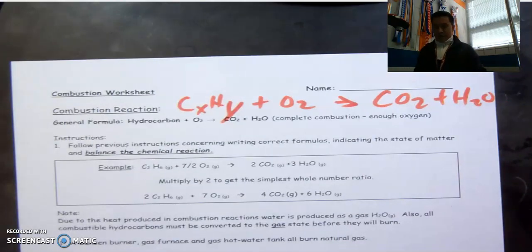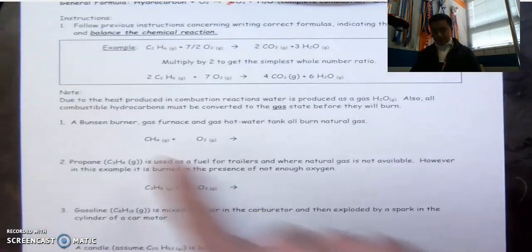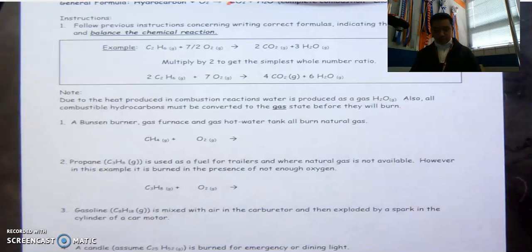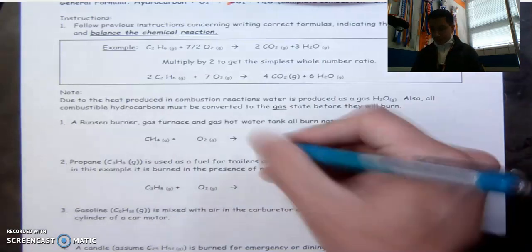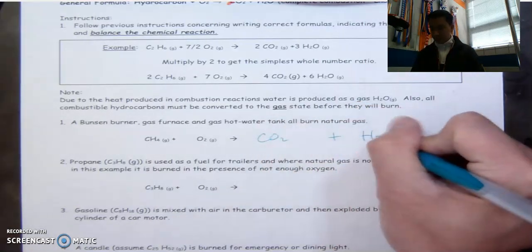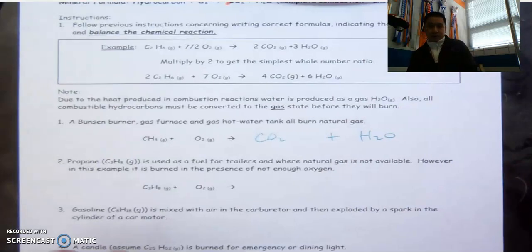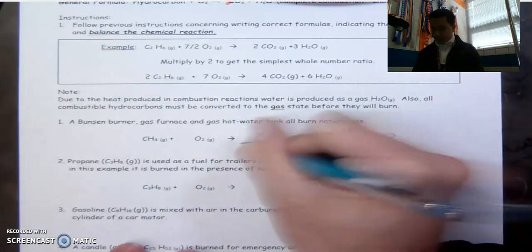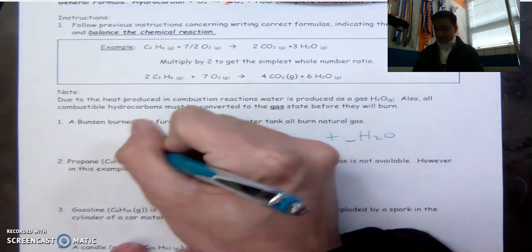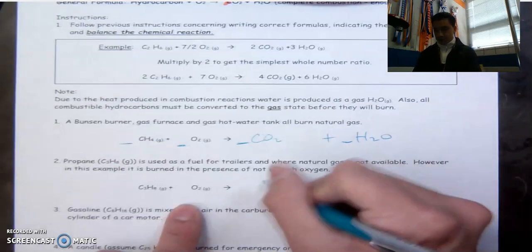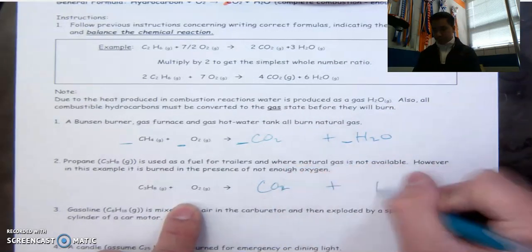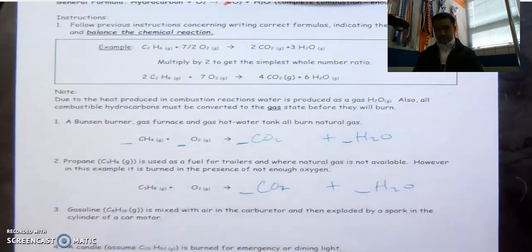Okay? So, for example, number 1. CH4 plus O2. Then the product is CO2 plus H2O. Doesn't matter which order you put it. You put H2O first, CO2 after. And then you balance it. Product is always CO2 plus H2O. Then you balance it.